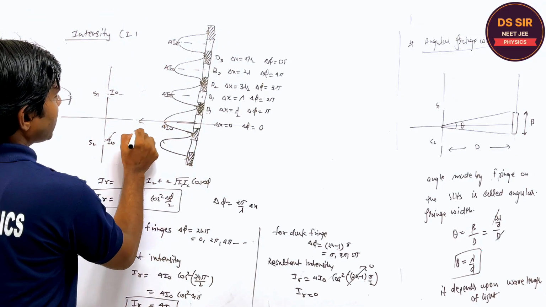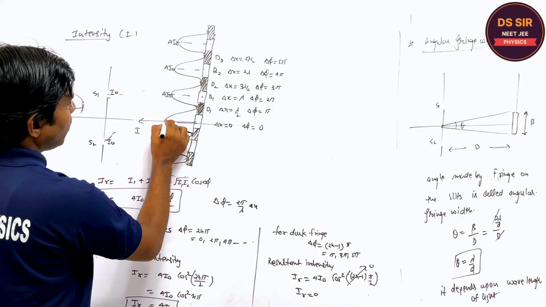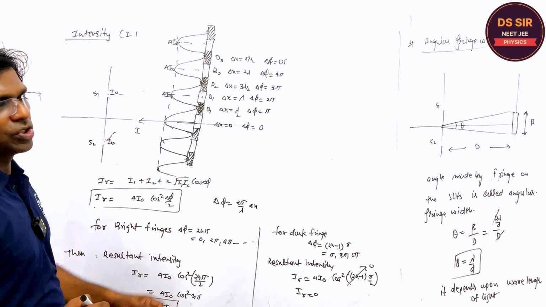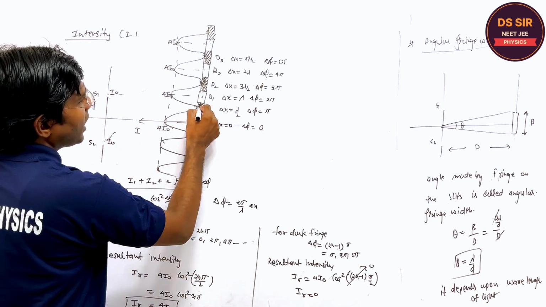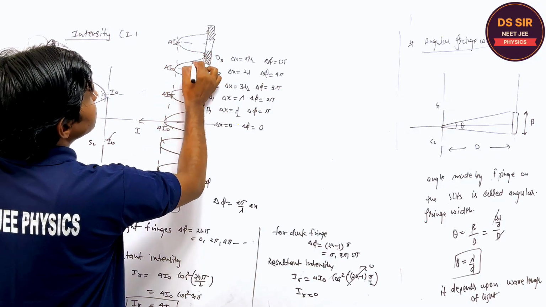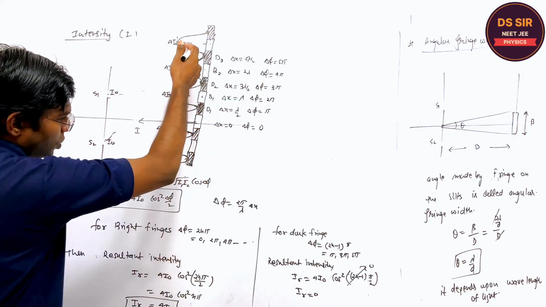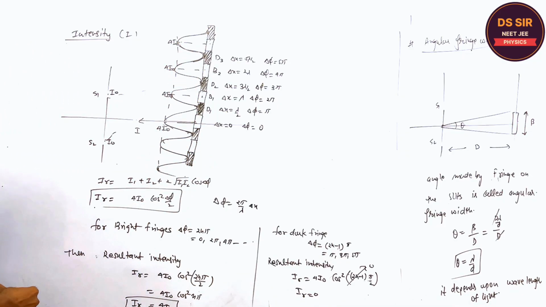If you draw the graph of the intensity, at every bright fringe the intensity is equal to 4I naught, at the dark fringe 0, then 4I naught. Then it reduces, then it increases, reduces, increases. So this is the graph of the intensity.